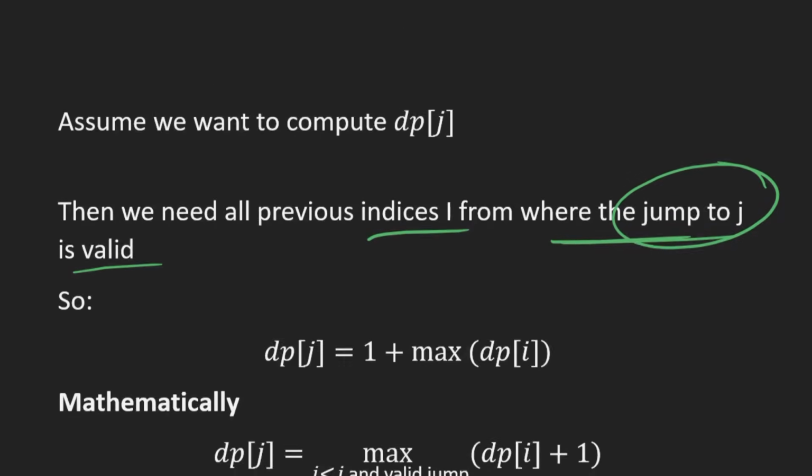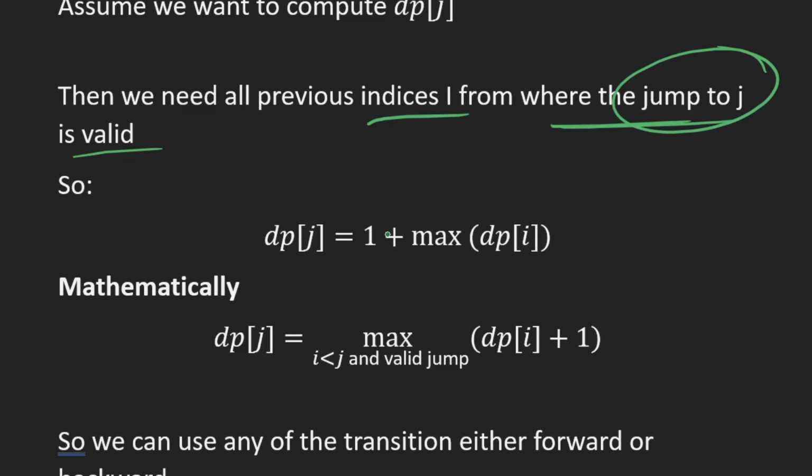So what we do is we scan all the previous indexes i and take the maximum value of all the previous indexes, and then add 1, because from i to j we need one jump. So dp of j is equal to 1 plus maximum of dp of i.